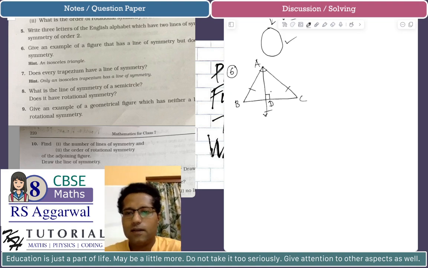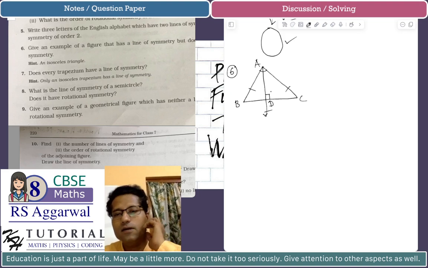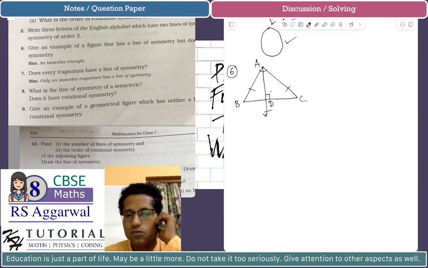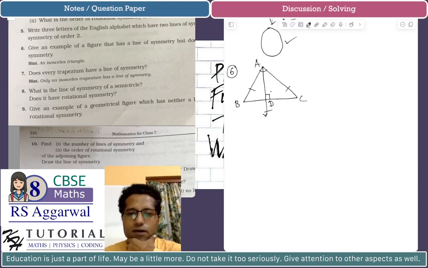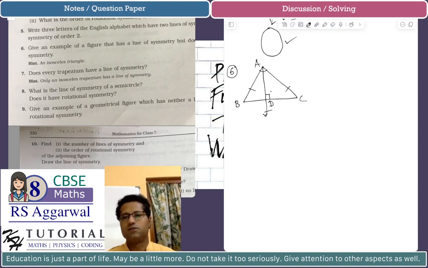That is the line which is the bisector of the angle which is included between the two equal sides of the isosceles triangle. So this is the line of symmetry, but you will see that this isosceles triangle does not have any rotational symmetry.